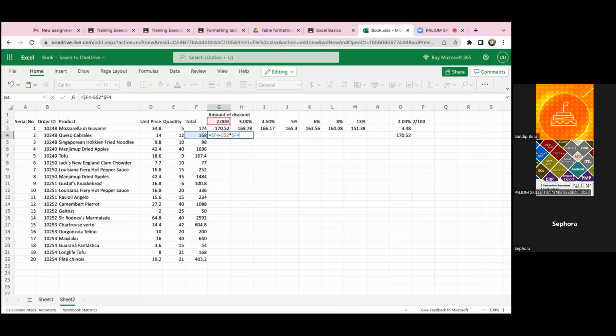So in this case, since our total price is on column F, we want to keep it at column F, right?